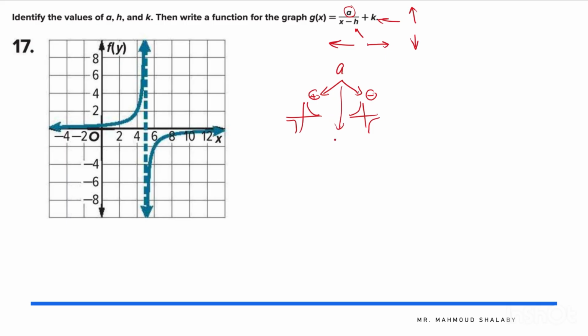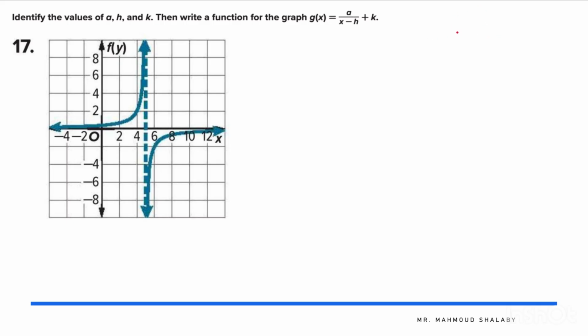The second thing is that it will be in charge of the dilation of the graph. Either it's compressed or stretched, depending on the value. The question is much easier than this, so let's see how it works. I will just give you some steps here.